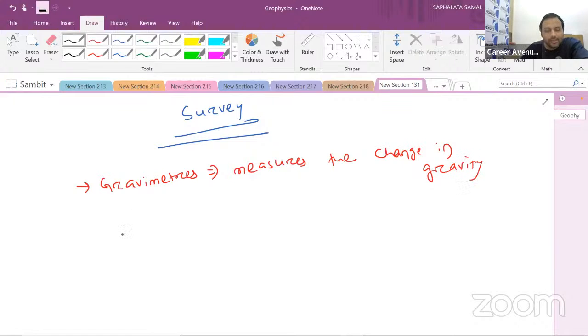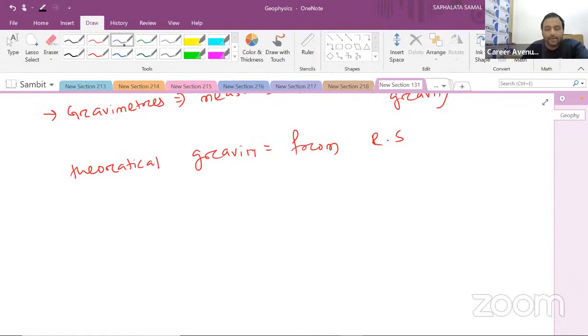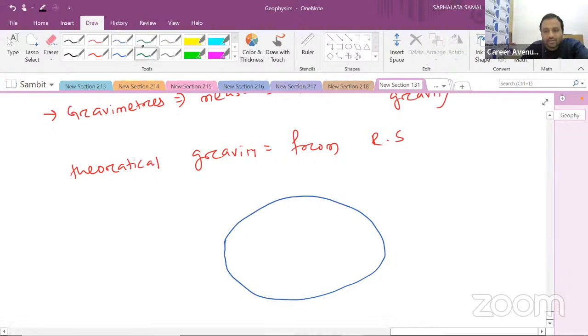Similarly, from the reference spheroid equation, I can calculate the theoretical gravity. For example, let's say we have a particular location over here. At this location, I want to measure the gravity.